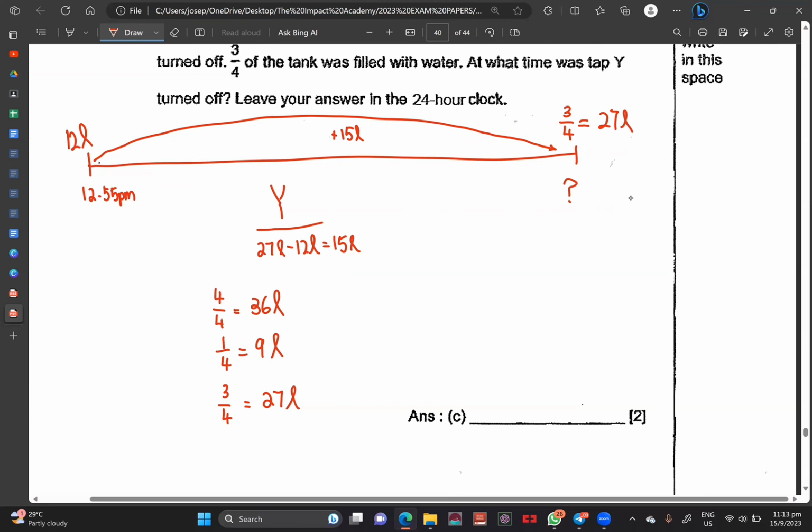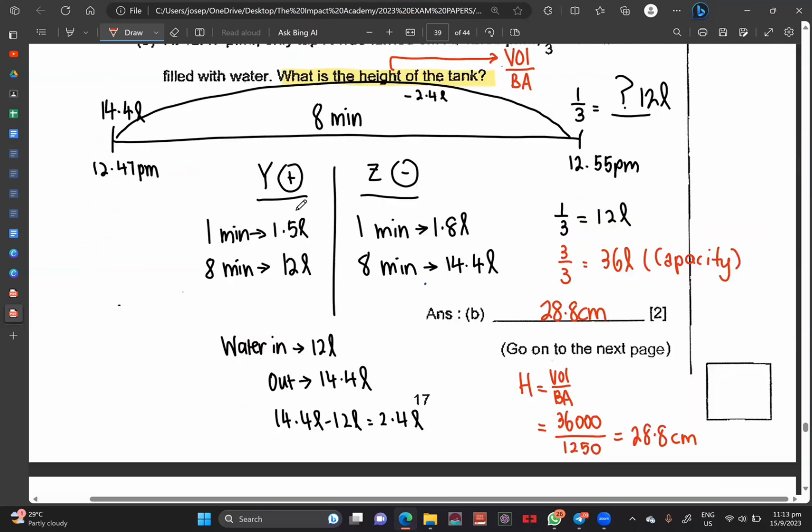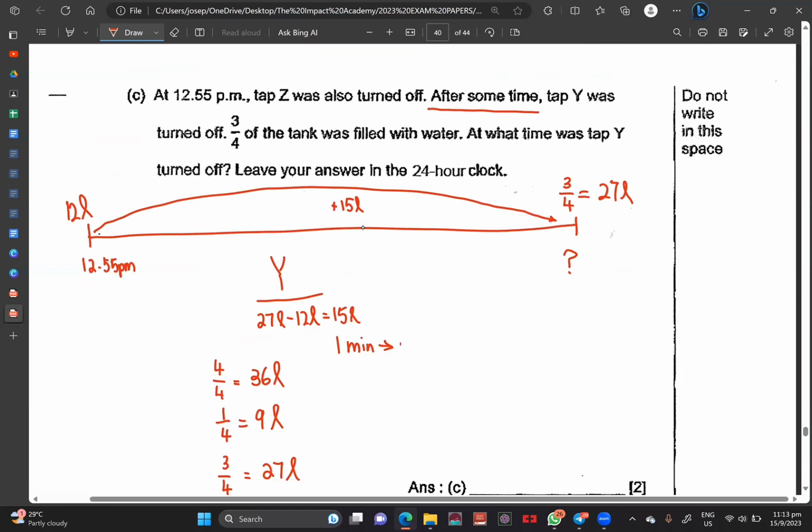The question is asking, how much time do you need? So answer this by saying that 1 minute for Y itself, we have learned that 1 minute is 1.5 liters. So how many minutes will Y take to put in 15 liters? That's what they're asking you.